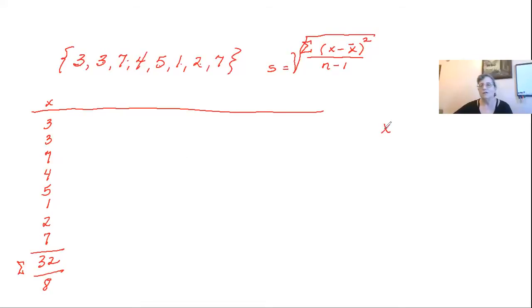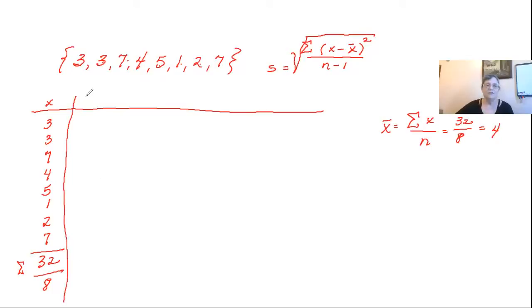So x bar is the sum of the x's divided by n. So 32 divided by 8 is 4.